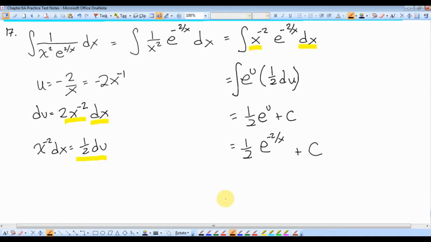Sorry, negative exponent. Not a big deal at all. Plus C.